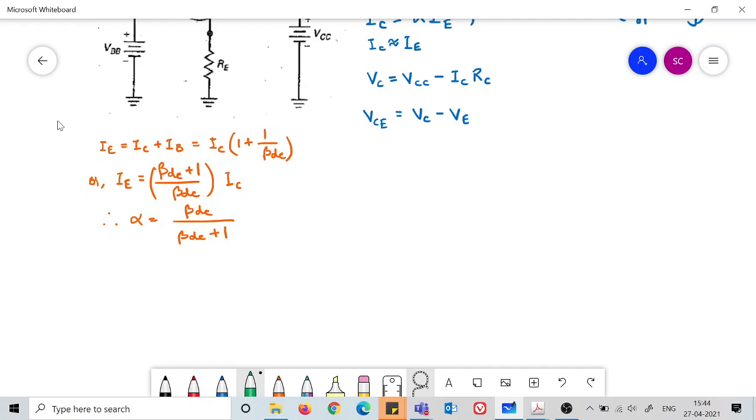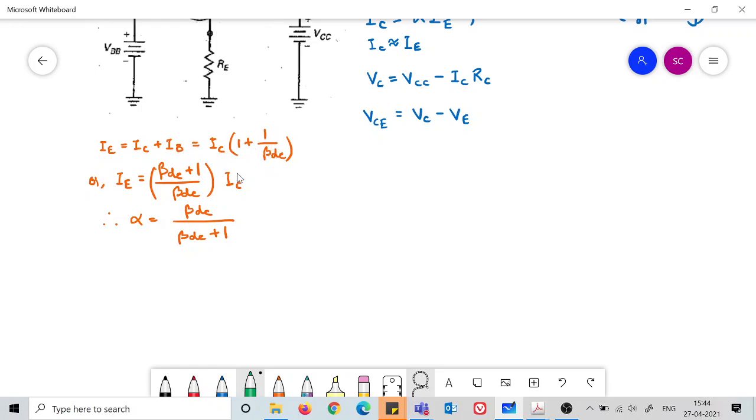So anyway, there is a relationship between alpha and beta. This relation between IE, IC and IB comes from KCL inside the transistor. So IE is IC plus IB and IB is basically IC by beta.